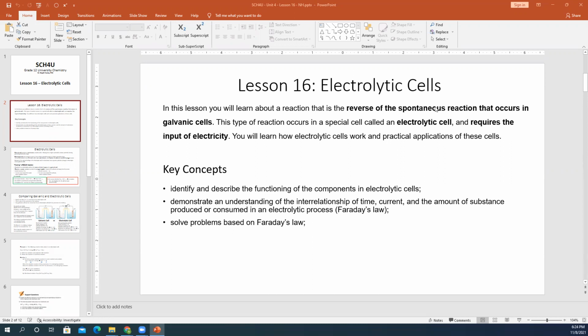And in order for these non-spontaneous reactions to occur, we need to input energy in the form of electricity, and these types of reactions happen in cells called electrolytic cells versus the galvanic cells that we've previously studied. Galvanic cells generate electricity. Electrolytic cells require an input of electricity.